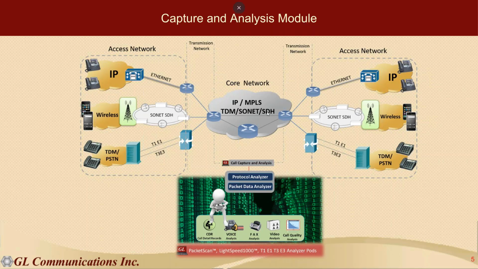We'll call it a call capture and analysis component. So there's a hardware component at times. If you are on a traditional T1 link or monitoring traffic over an OC-3 or a fiber link or something like that, we have the associated hardware to tap in and monitor that.